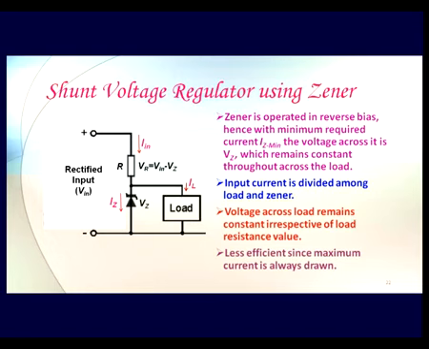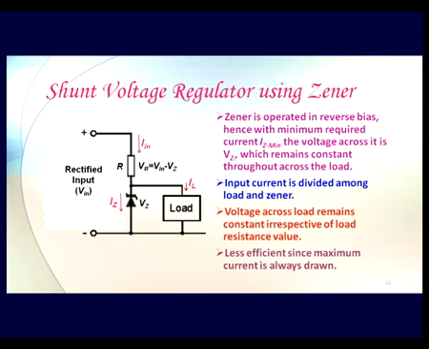Now there is a condition for the Zener to operate: there is a minimum Zener current that you have to always allow to pass through it, and that is the IZ minimum. That is the rating given to you by the manufacturer of the Zener diode when you buy one.